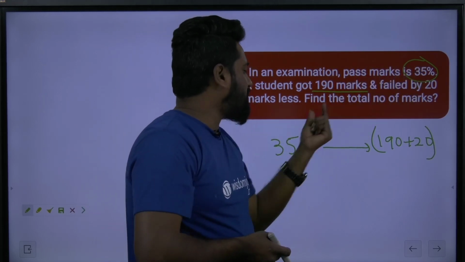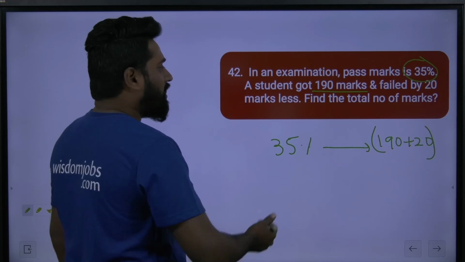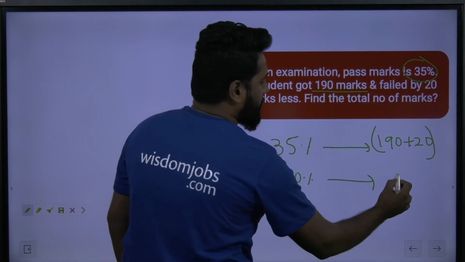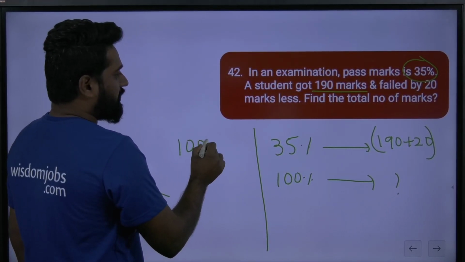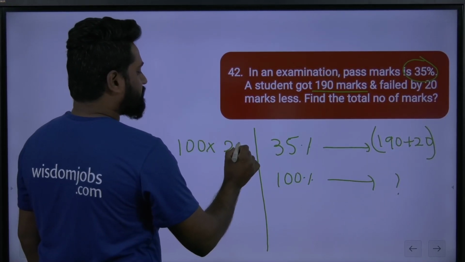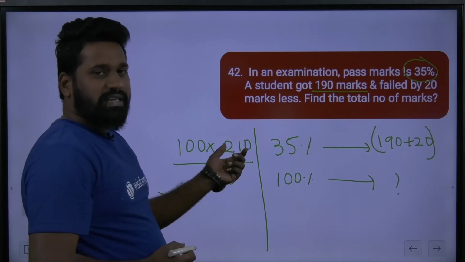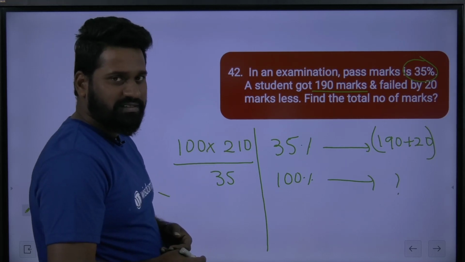This is the pass percentage and these are the pass marks. That's it. Now you have to find for 100%, the total marks. So if you observe here, we can write cross multiply 100 into 190 plus 20, it becomes 210, divided by 35. Here you can cancel directly. Is it clear? 35 sixes, you can cancel directly.